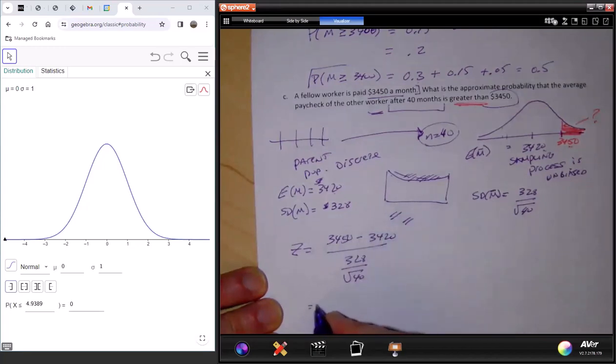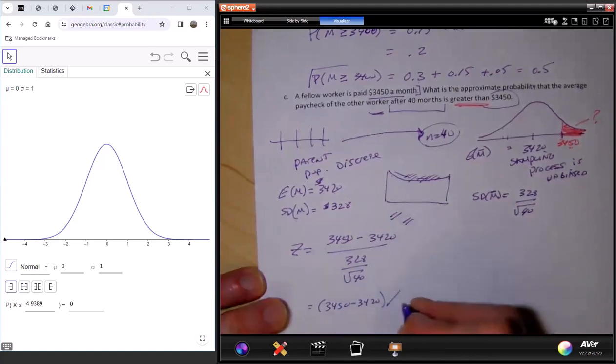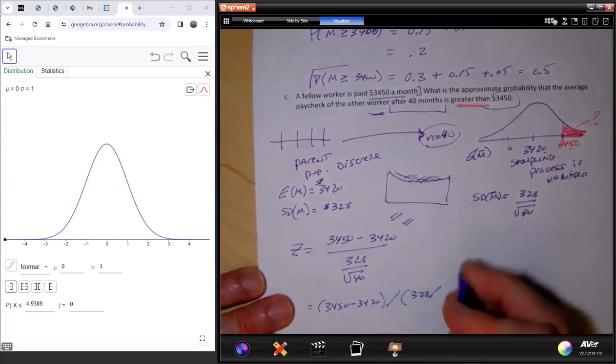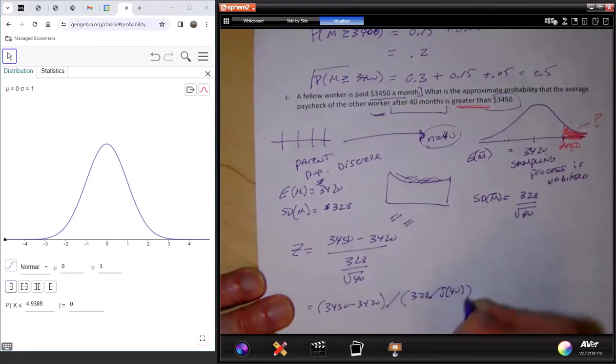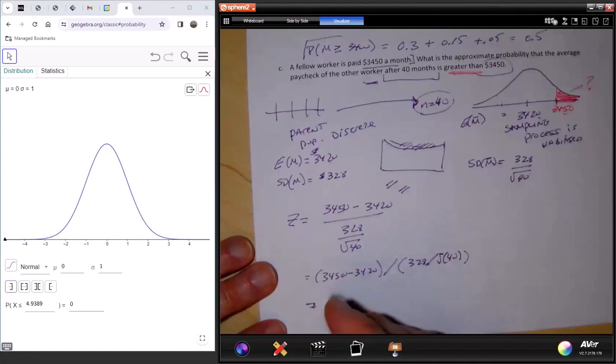If you were doing this on a calculator that does not show it well, then what I would do is open parentheses, close it, divide symbol, then parentheses again, slash, and then you'll have a square root symbol, and then 40. Some require you to put more parentheses, by the way. Let's say this is the one that shows parentheses. Then you would close it, and then you need to close this one. You do all that, and what do we get here?